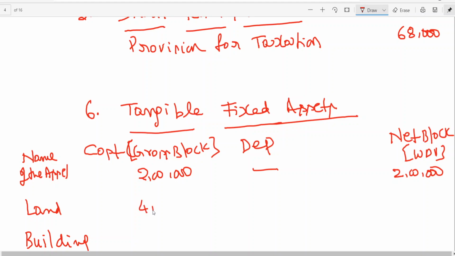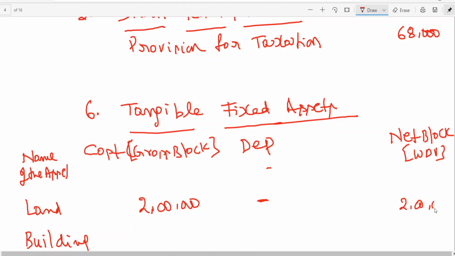Building. In this problem depreciation is the balancing figure.